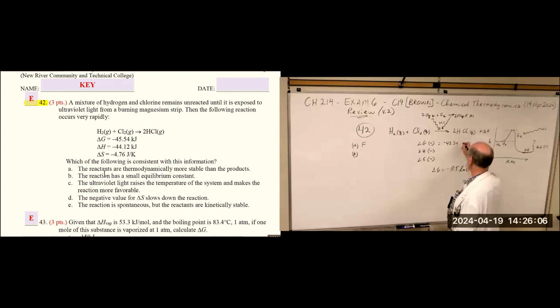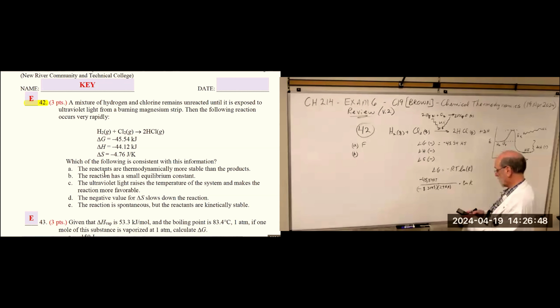So this would be negative 45,540 joules, over minus 8.3145, and I'm also going to take the temperature, which is standard temperature, 298 K, equals ln K.